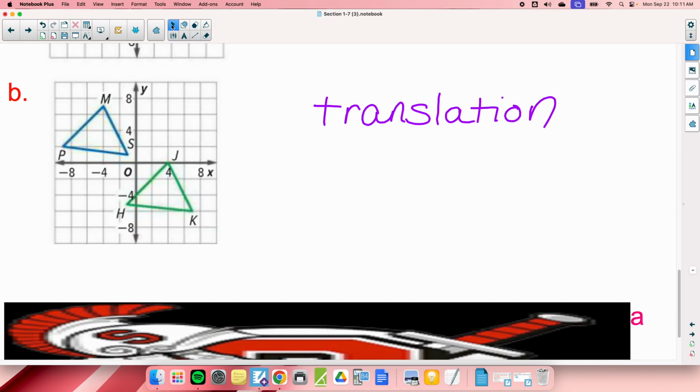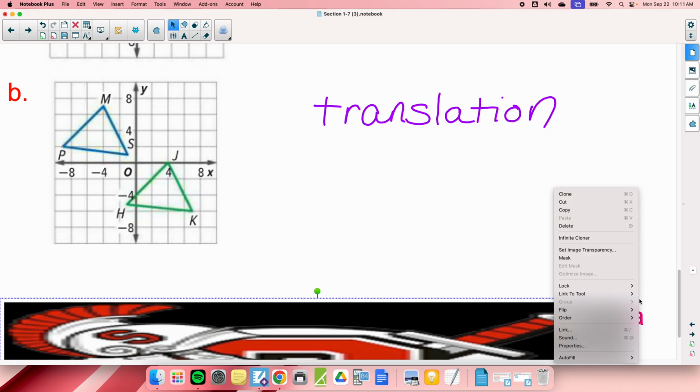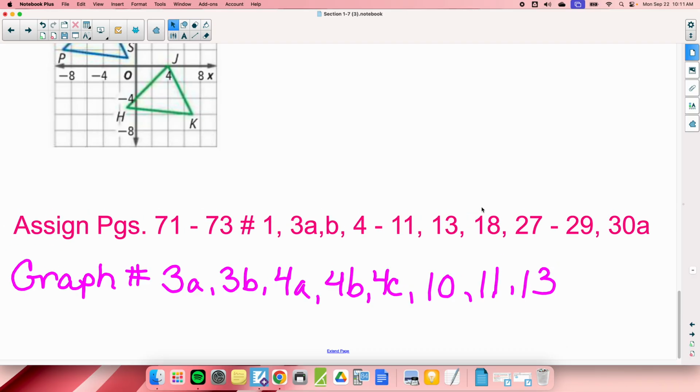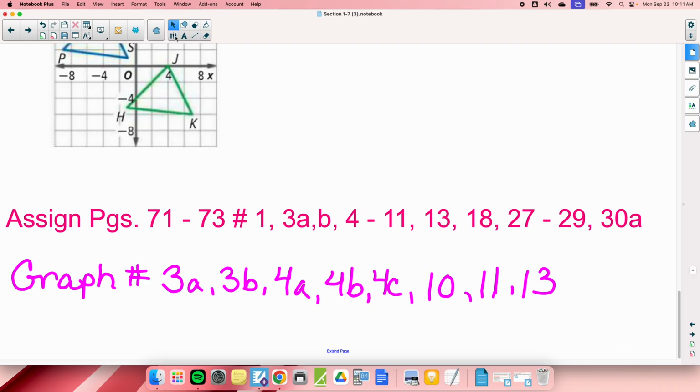All right, so when I show you your assignment, some numbers are listed twice because what I'm doing is showing you which ones have to be graphed. Okay, so this is your assignment. By the way, don't worry about 18 because kids ask me about that one all the time. Some of these are repeated down here, but I'm just explaining this to you.